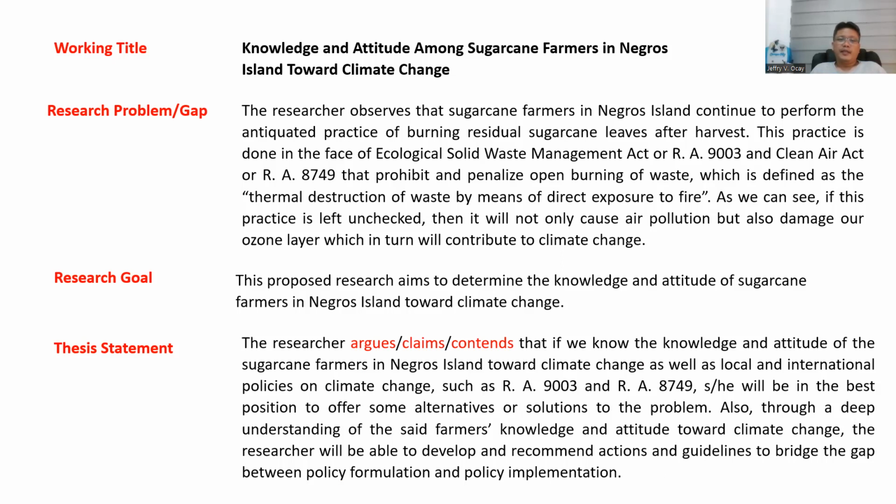And so the act does not only go against the policy or the law, but at the same time may contribute to climate change, and it will also damage the ozone layer and so on and so forth.